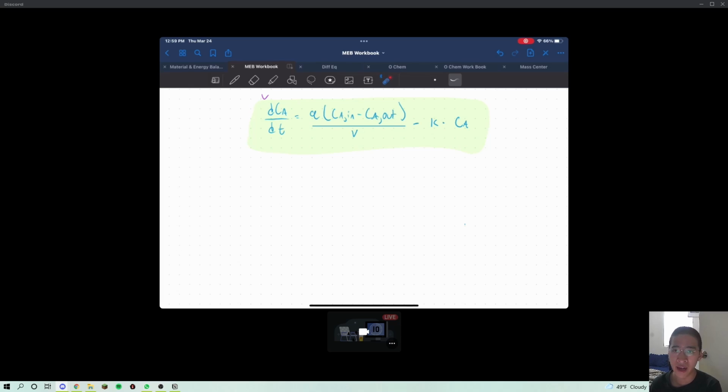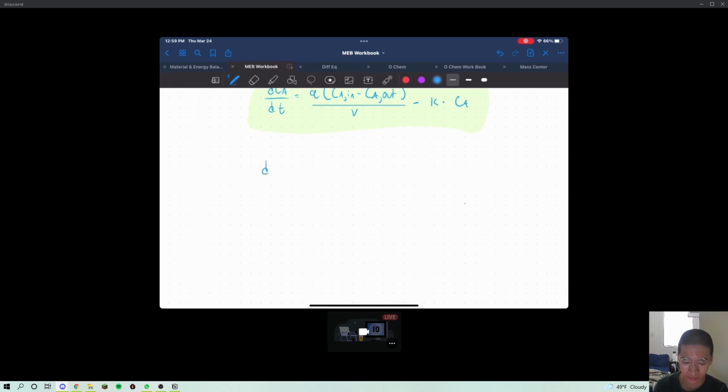What I want to do next is have an equation where I can model the temperature of the reactor as time progresses. So therefore, I start with the derivative of the temperature of the reactor with respect to time. And it's an energy balance, so I want the units on the left and right hand side to be in joules.